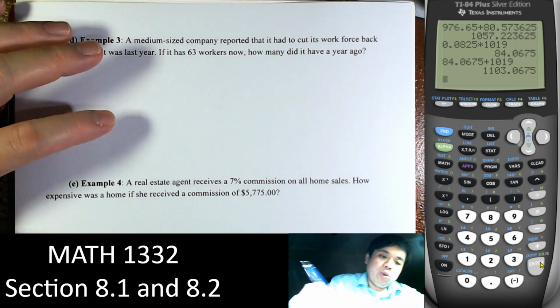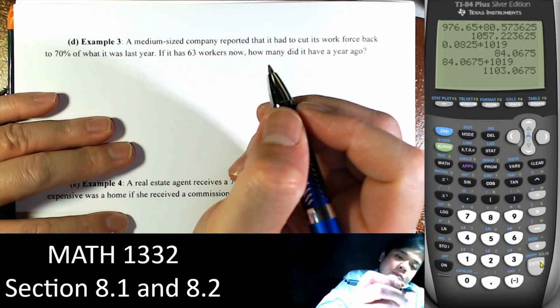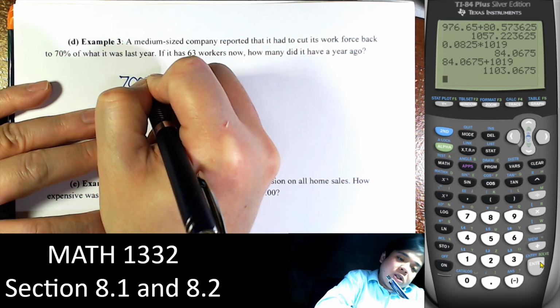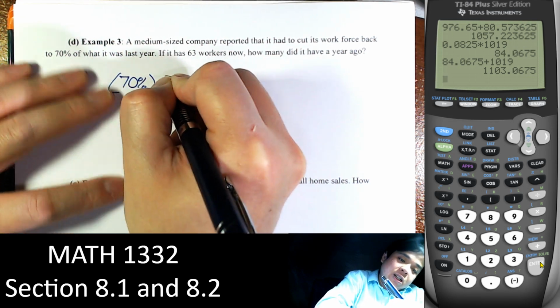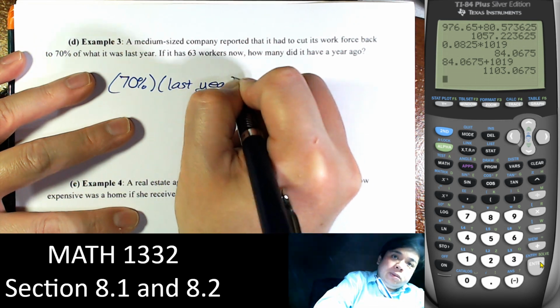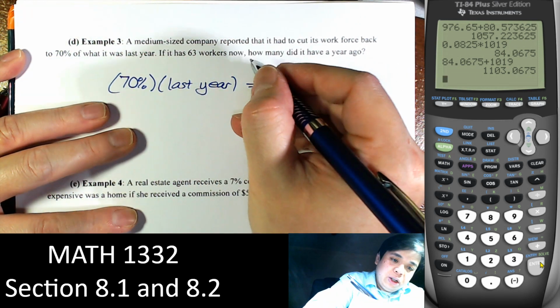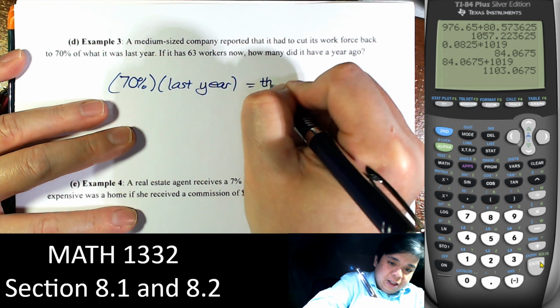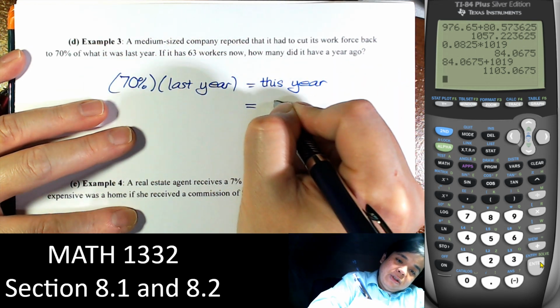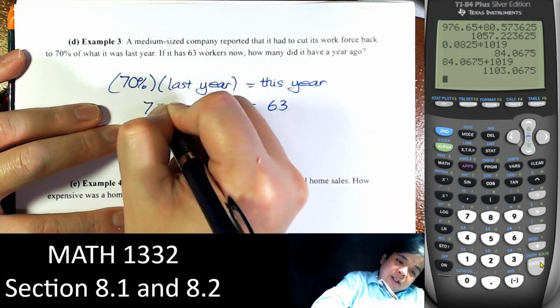So what we have is this, we have 70% of what it was last year. Just going to say that time last year is equal to this year. And this year we have 63 and 70%.